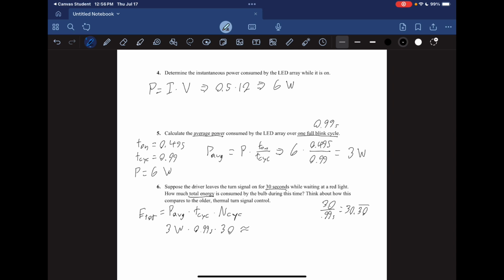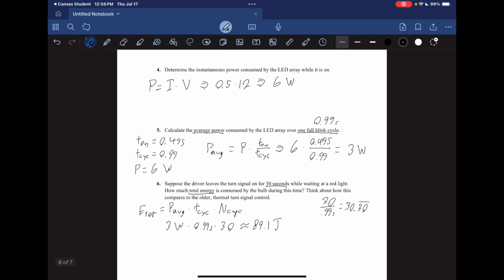So when we do 3 times 0.99 times 30, calculating that out, we get 89.1 joules.